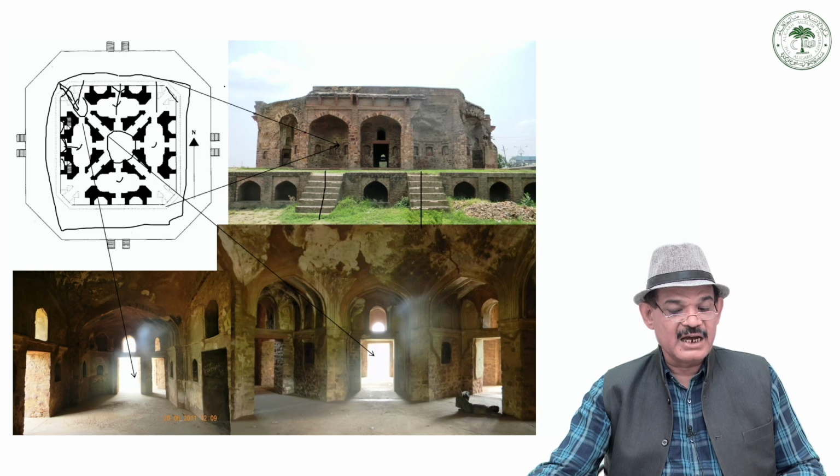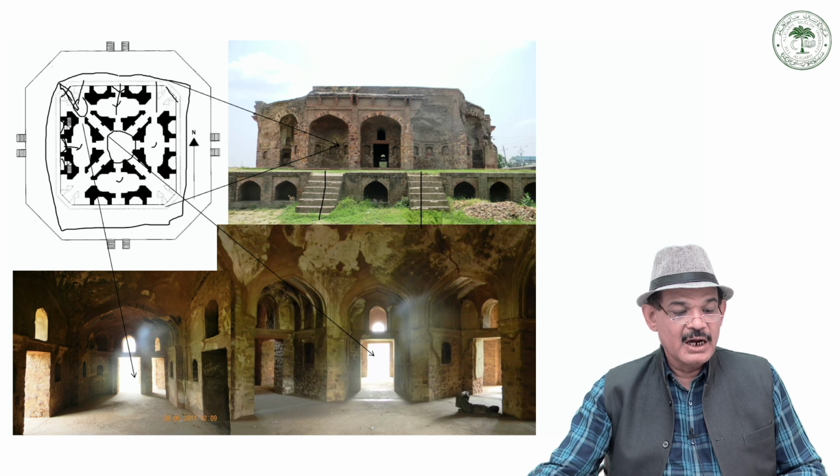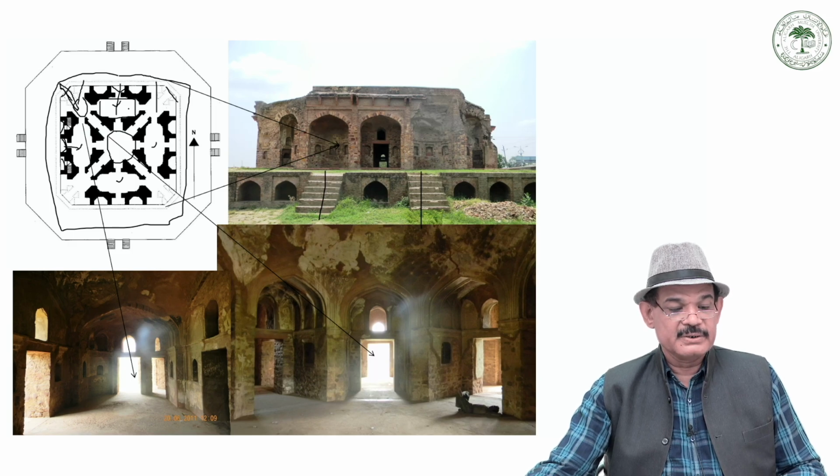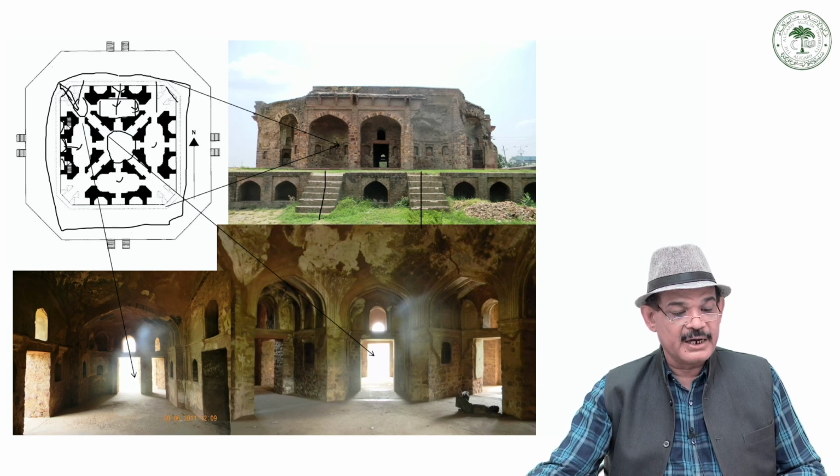Though each facade is built of five arches, three arches are functional. So far as the cardinal chambers are concerned, they were built apsidal on both sides. They were connected with the corner chambers.